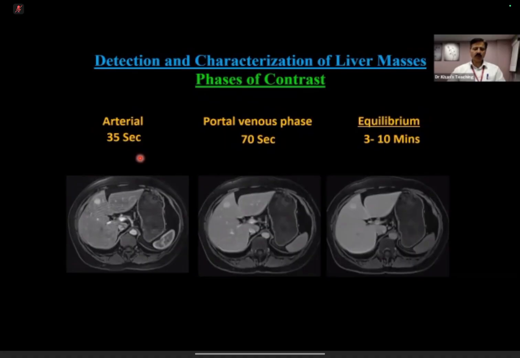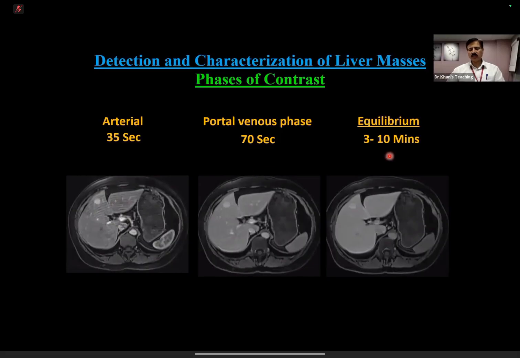Actually, if you want to do an arterial of the liver, you should be slightly delayed, 30-35 seconds. You should not do it at, let's say, 24-25 seconds, which is a classical arterial for aorta, etc. Because some of the tumors will not enhance, and they will enhance in this phase. This is arterial. And this is venous phase, which is about 65 to 70 seconds.